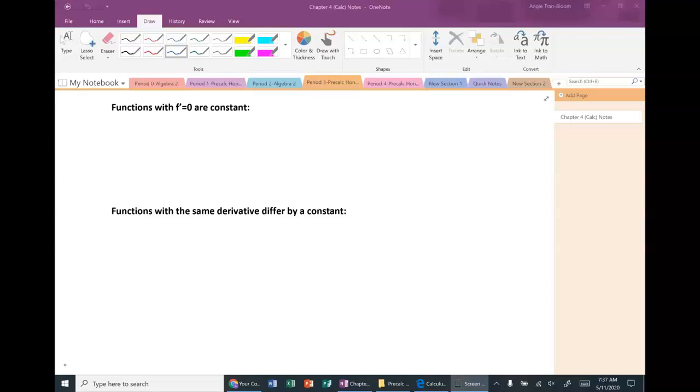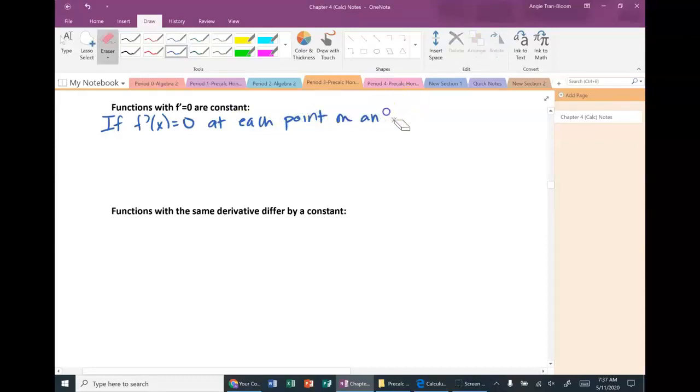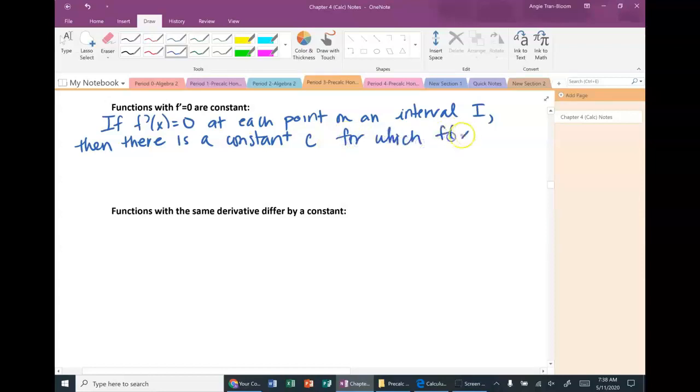If f prime of x equals 0 at each point on an interval, let's call it I, then there is a constant, let's call it C, for which f of x equals C for all x in the domain I.